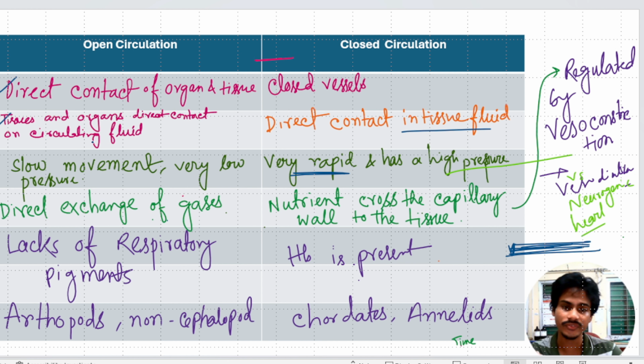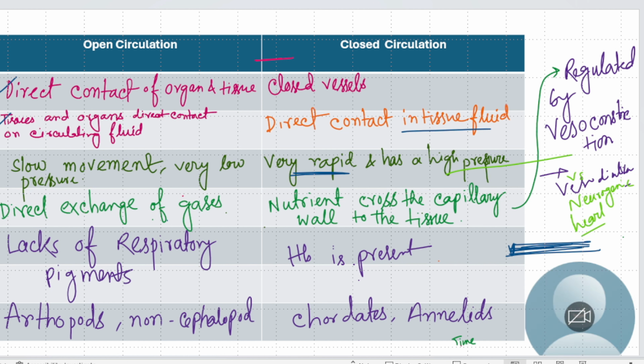Now, it is the less efficient system, because open circulation doesn't have any kind of control; it is only diffusion based. The volume of fluid flowing through a particular tissue cannot be controlled. For the closed system it is very efficient, as the volume of blood to a particular tissue can be regulated by vasoconstriction or vasodilation.